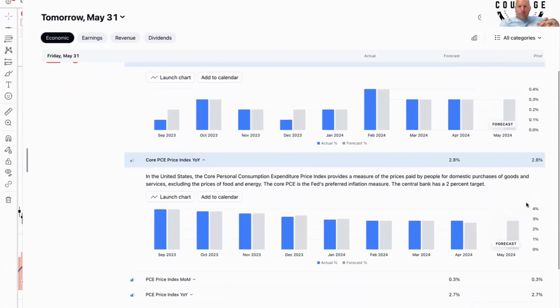Now, how does this impact us as traders? Well, a couple things. If these numbers are higher and prices went up, if inflation got hot, as you know, market speak, I guess, says if it's a hot number, if the number's higher, that's going to force the market to sell off.